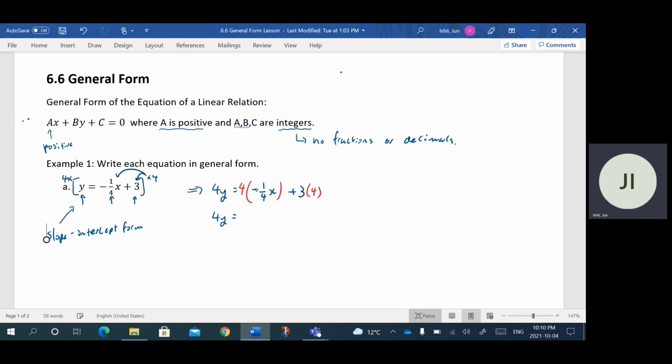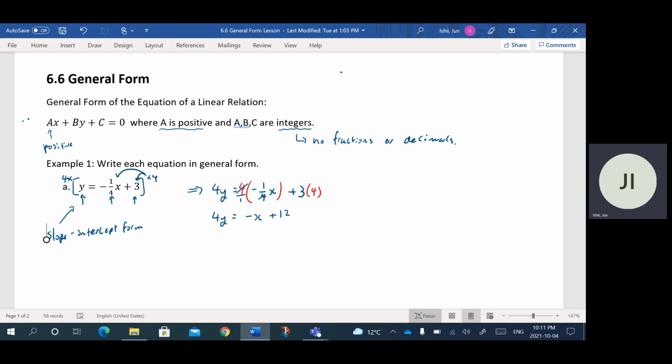Then 4 times negative 1 over 4: the 4s cancel, and we have negative 1, so this is negative x. Then 3 times 4 is positive 12. Once you see a fraction, multiply both sides by the denominator.